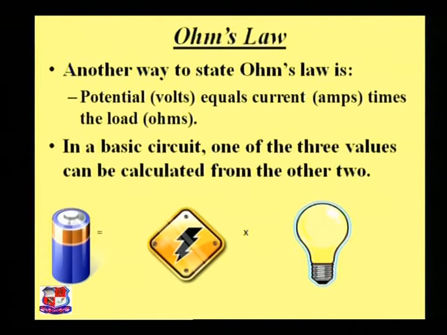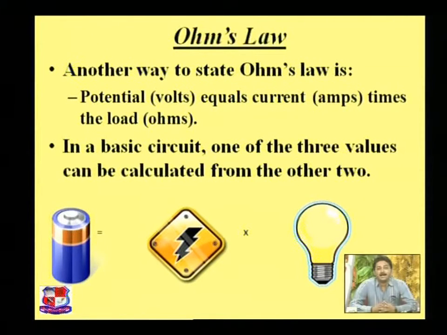Here is one example where you can easily see Ohm's law, the equation V equals I into R. On the left hand side we see the battery that has the potential V. Next, there is a current I drawn from the battery, and next is a bulb that contains some resistor R. So you can see that V equals I into R. Whatever voltage is produced by the battery is equivalent to the product of the current passing through it and the resistance offered by that bulb.